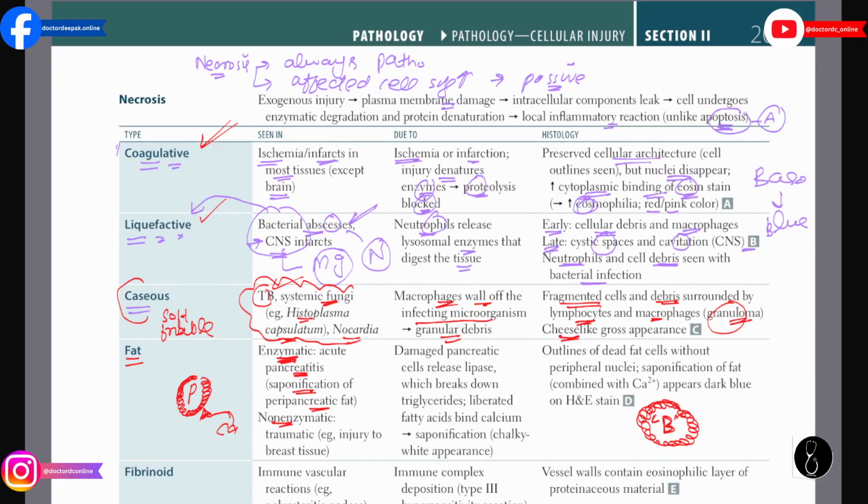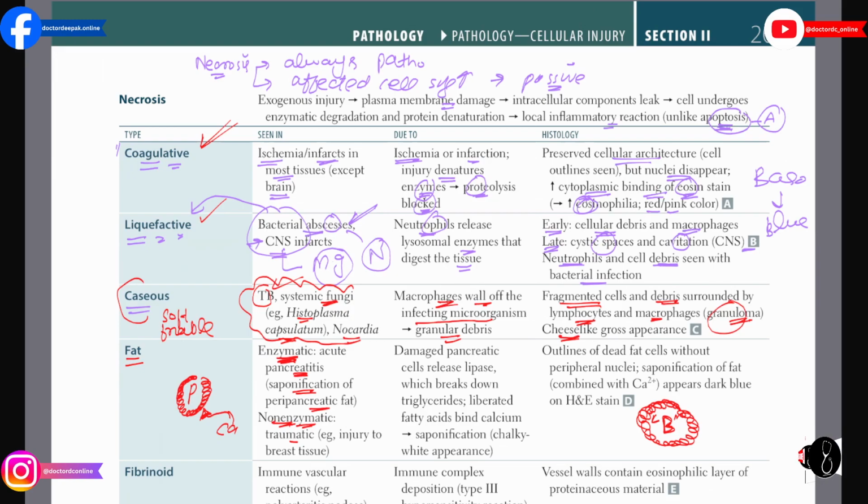And what is an example of non-enzymatic? Basically, it is only seen after trauma. Like if a female gets trauma to the breast, and after the trauma you see there is calcification of the breast, it is non-enzymatic. So always keep this in mind. Fat necrosis, first of all, try to remember, is a type of necrosis in which adipose tissue gets a chalky white appearance.